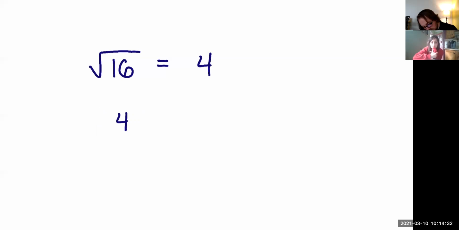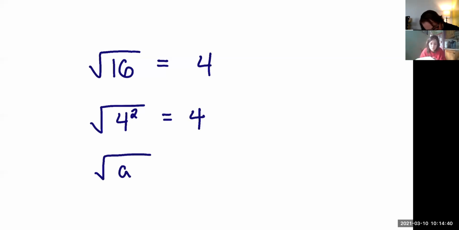So for the same concept, let me bring those back. Square root of 4 squared gives me 4. Therefore, that same pattern, the square root of a squared should give me a. It's really the base that's left over. Same reason back when we were solving equations.